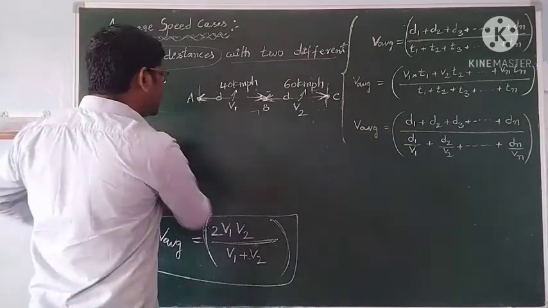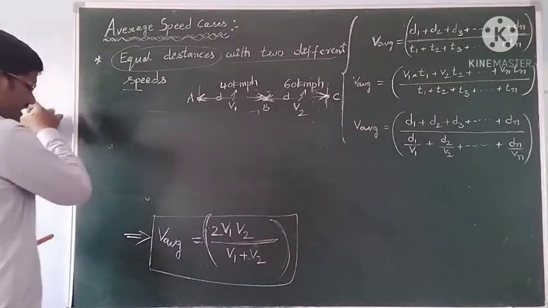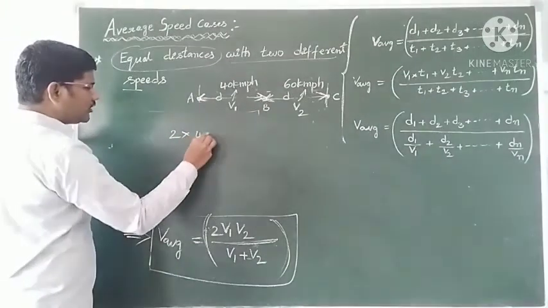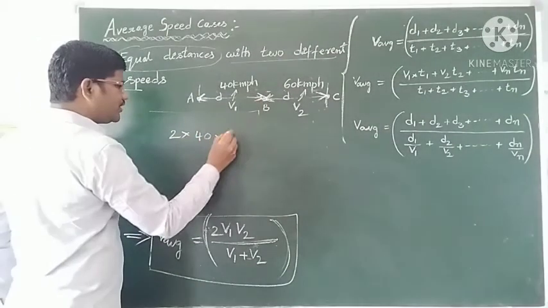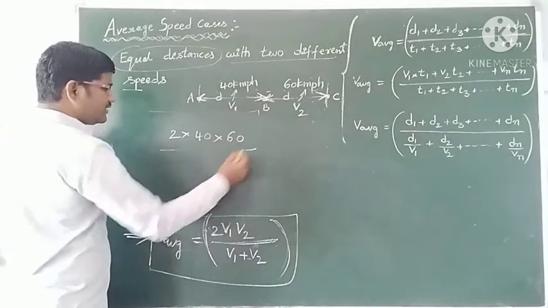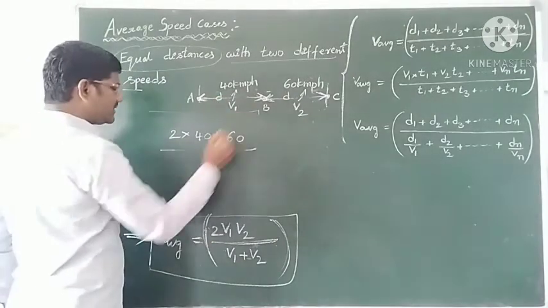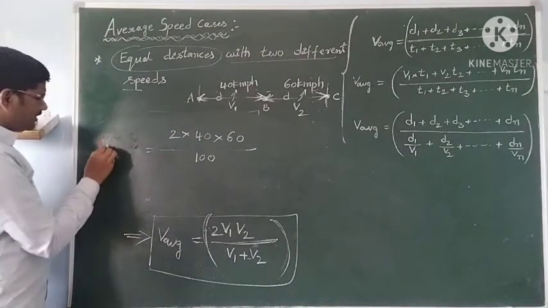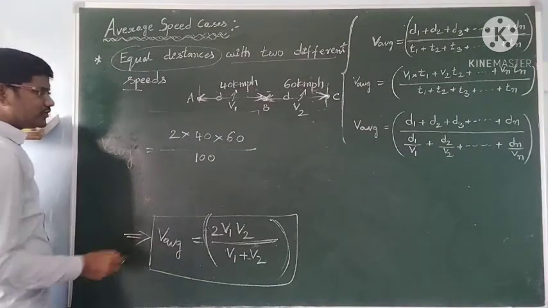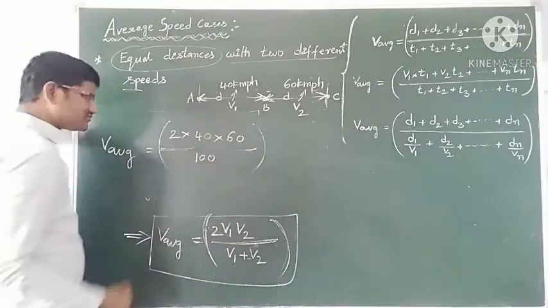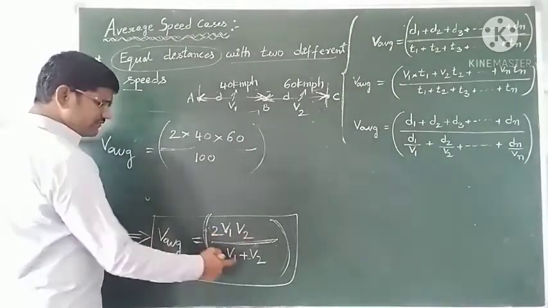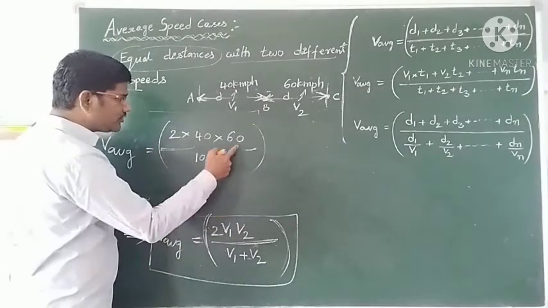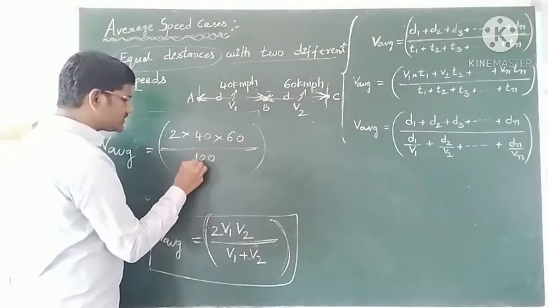Okay, now see students, average speed formula: 2 into V1, which is 40 km per hour, plus V2, which is 60 km per hour, by V1 plus V2. 40 plus 60, you will have 100. So 2 V1V2 by V1 plus V2: 2 into 40 into 60 by 100.